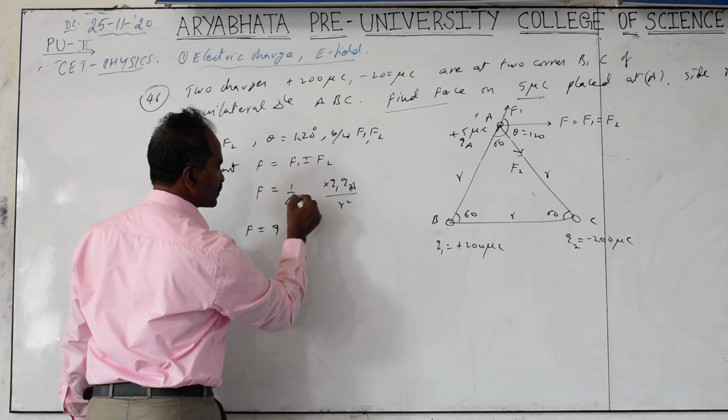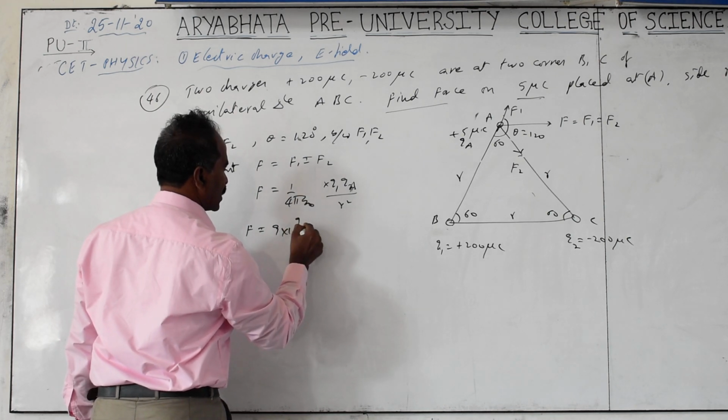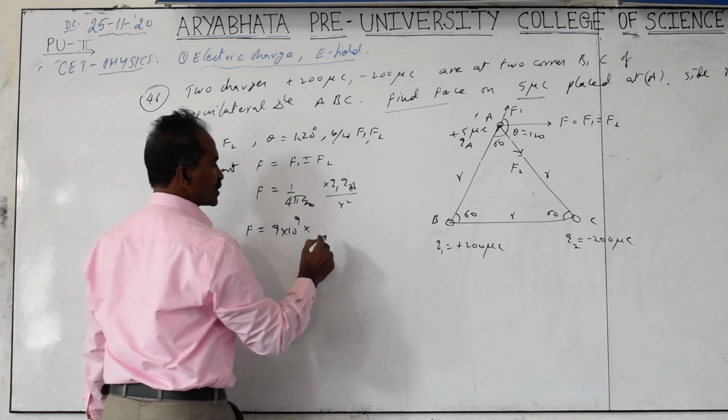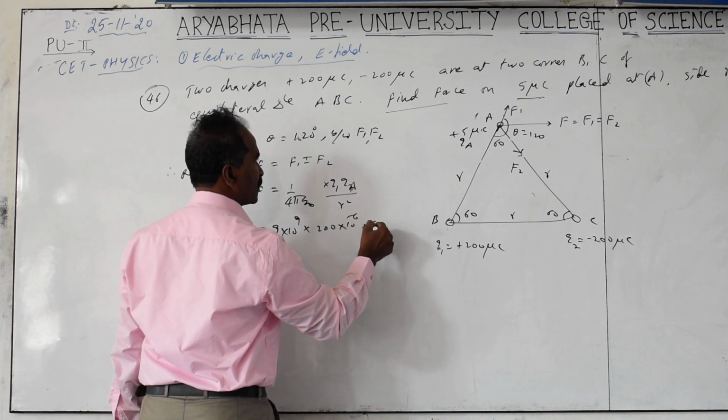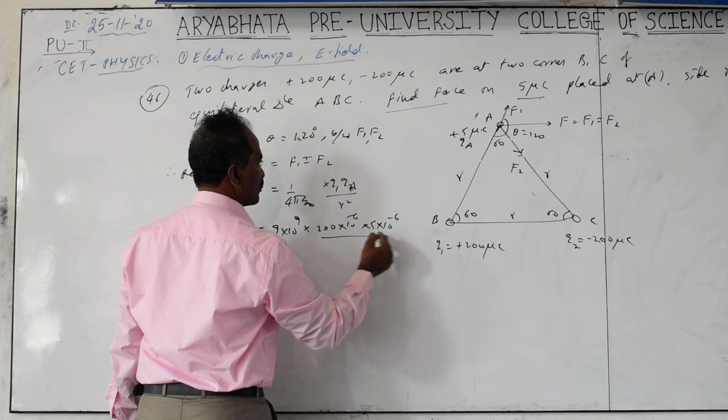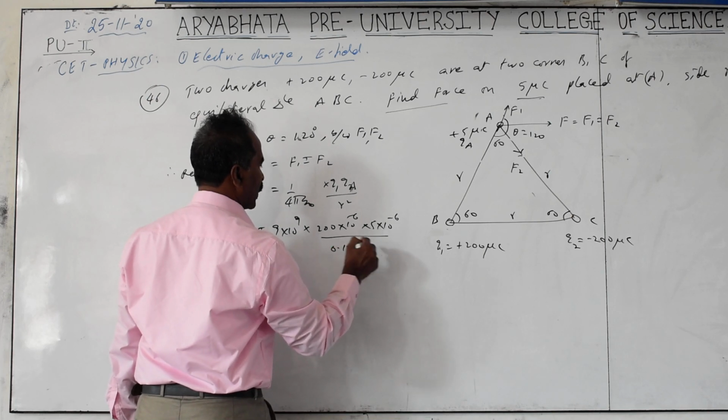Sometimes the question will be given in terms of symbols only. Q1 is 200 microcoulombs, so 200 into 10 to the power minus 6, into 5 into 10 to the power minus 6, by distance squared, 0.1 into 0.1.